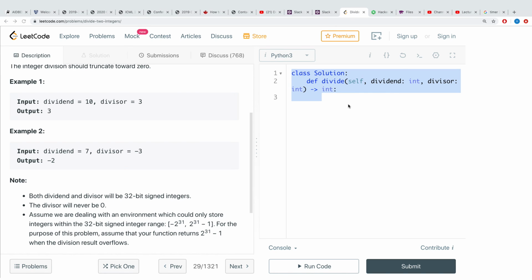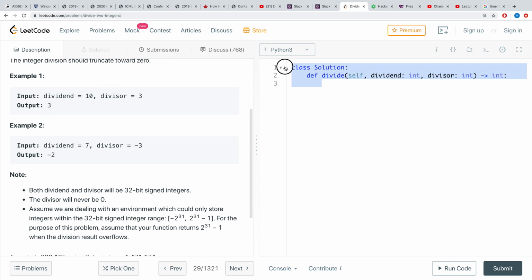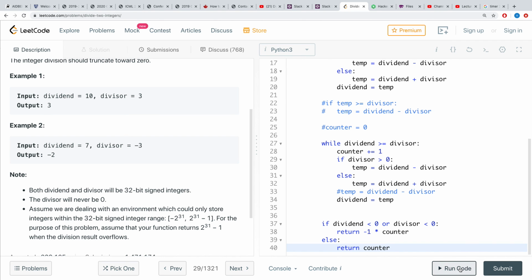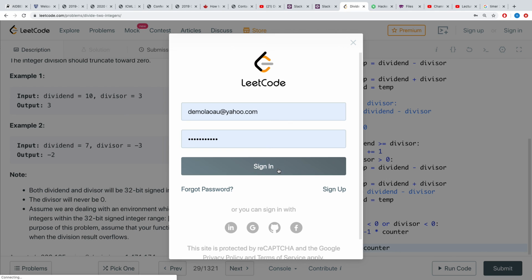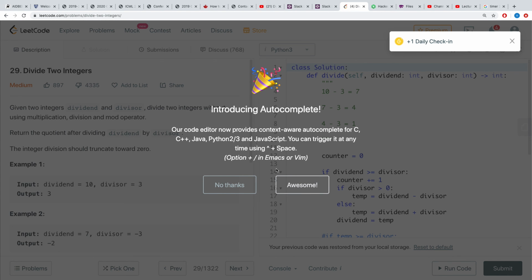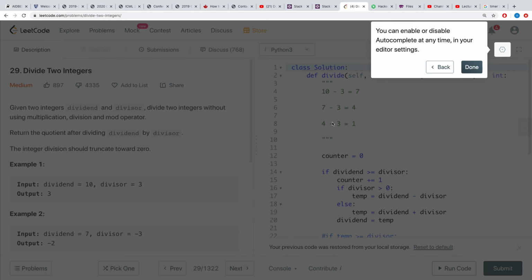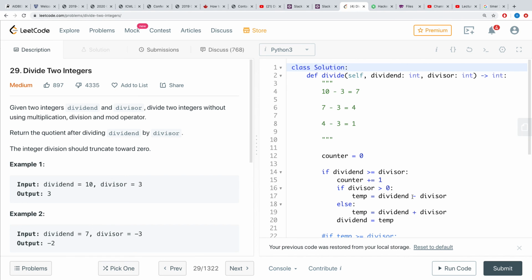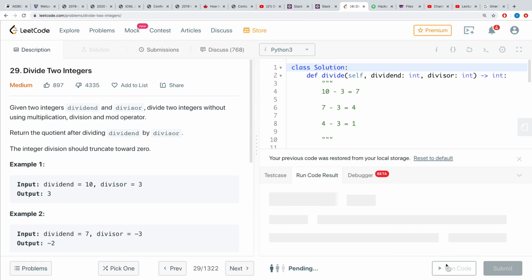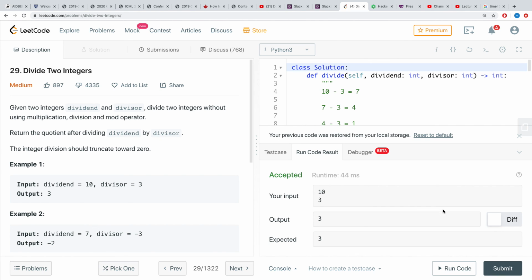I know it might pass some tests, it might not pass all of the tests. So let's run it.